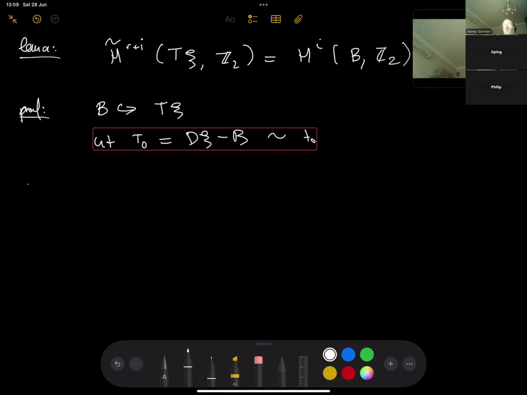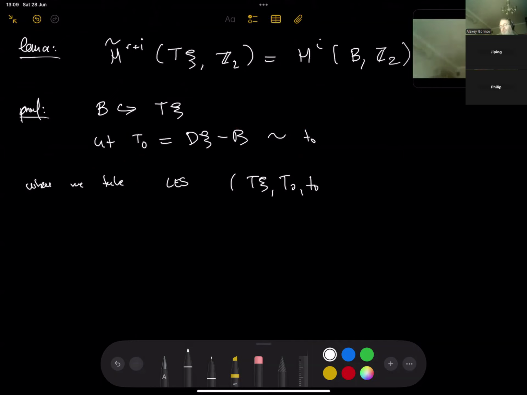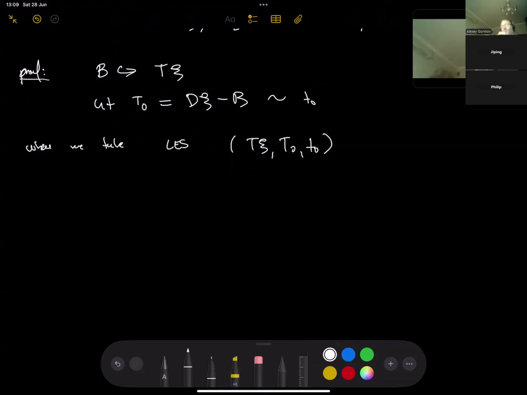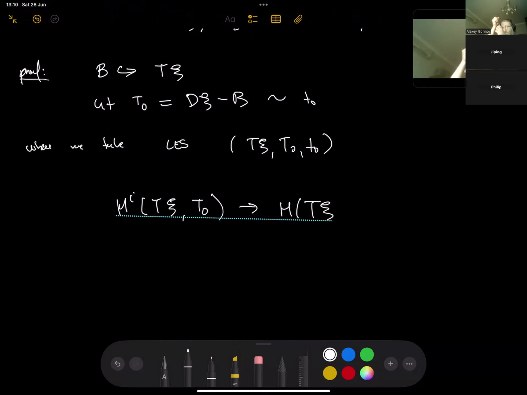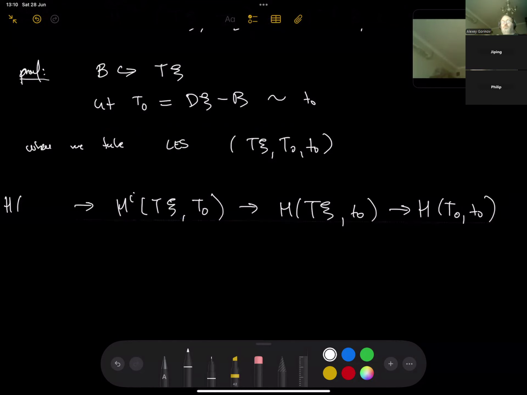And therefore, when we take the long exact sequence of the pair (T psi, T0) with mod 2 coefficients, because T0 is homotopy equivalent to a point, all of these will be 0. And so we get isomorphisms.